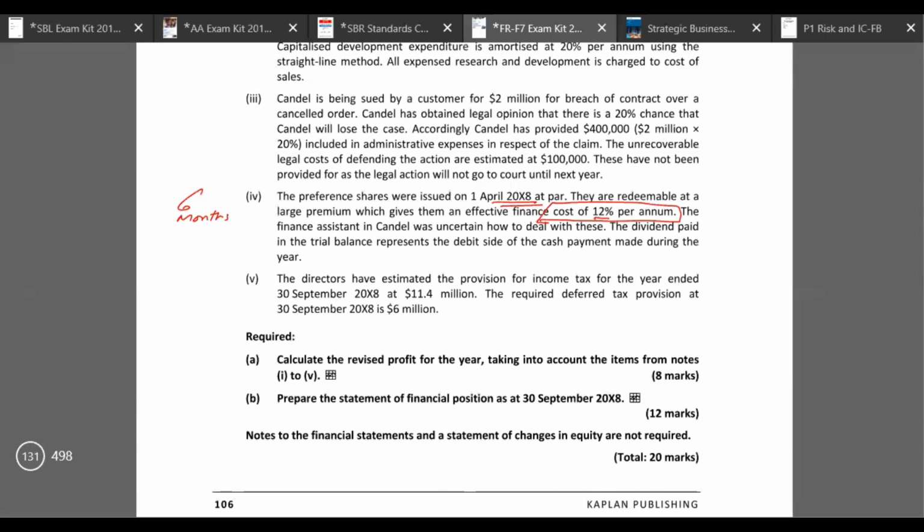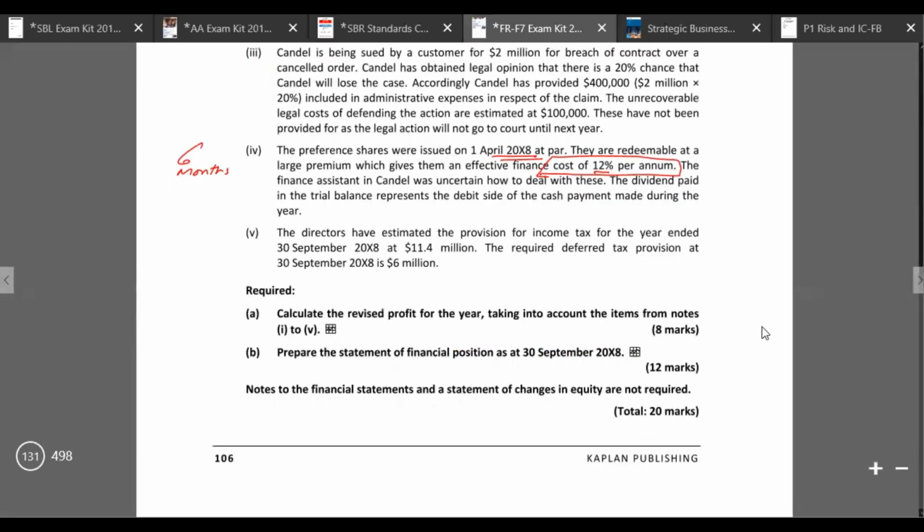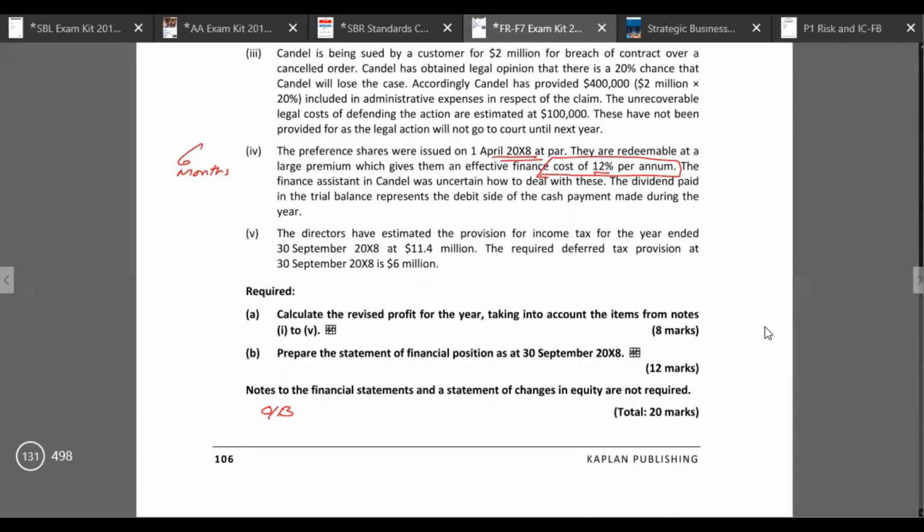So now, how are you going to solve this? Simply, you will be taking the opening balance. So opening balance as per trial balance, and the balance was 20,000.